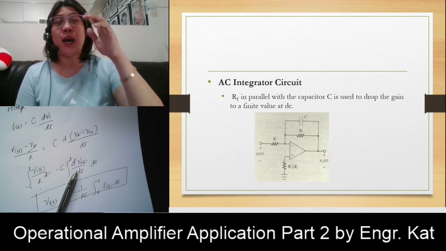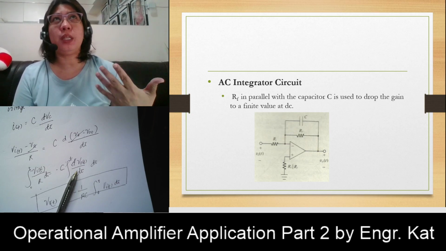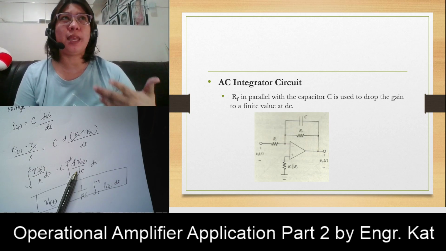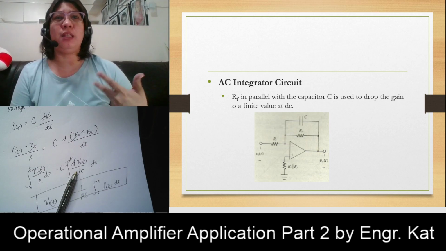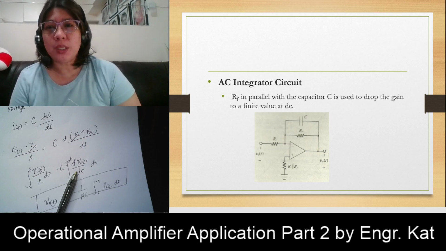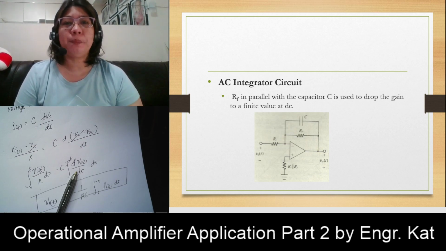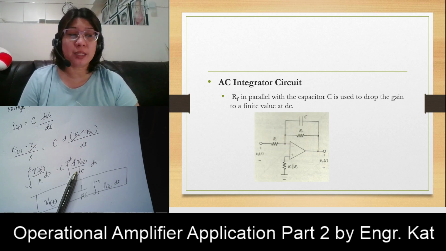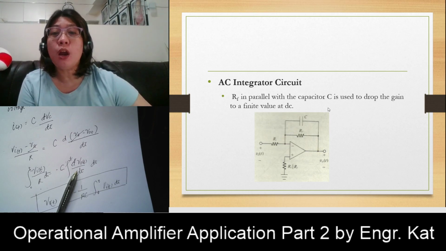The true integrator is like a theoretical integrator circuit, but in practice, in reality, what we are using is an AC integrator circuit. So what's the difference? The only difference is that we are placing an RF, a feedback resistor, in parallel with your capacitor.